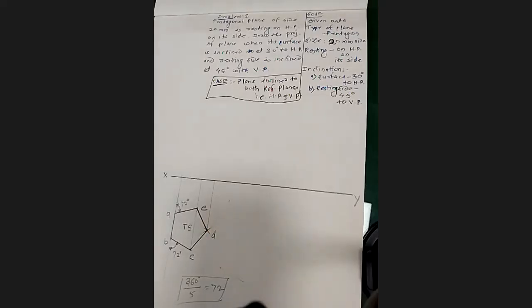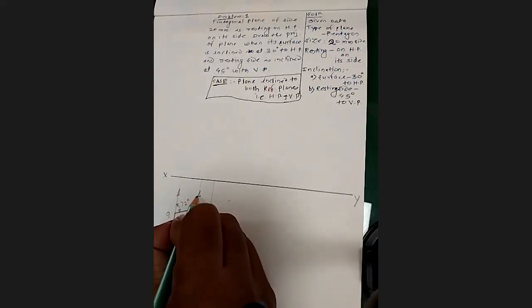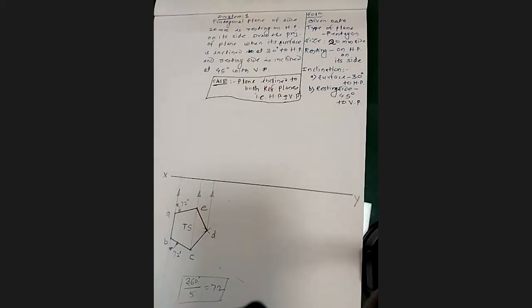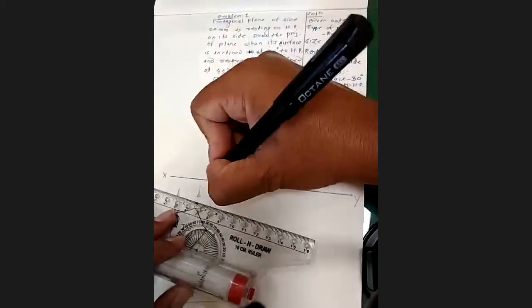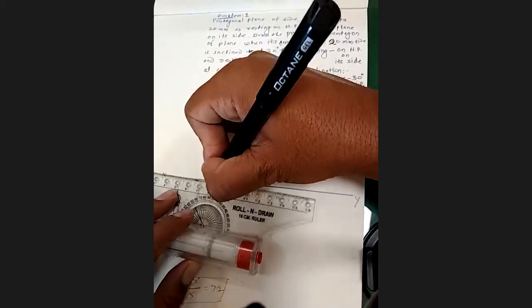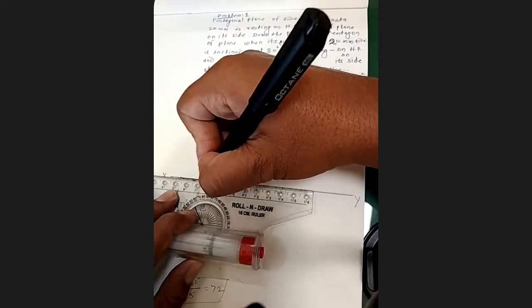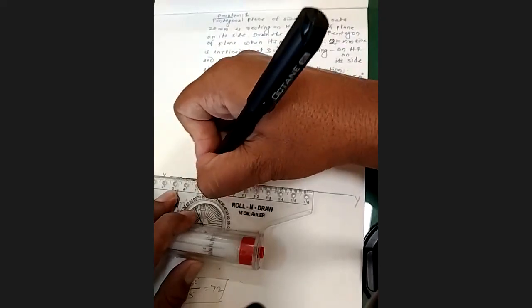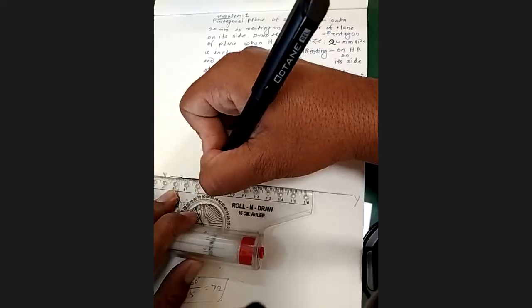These are the projectors which I have taken from each point. On the XY line, the distance from this to this we will convert into a dark line, because this is going to represent your front view. Remember, intentionally I'm making it too dark so that you will recognize it.